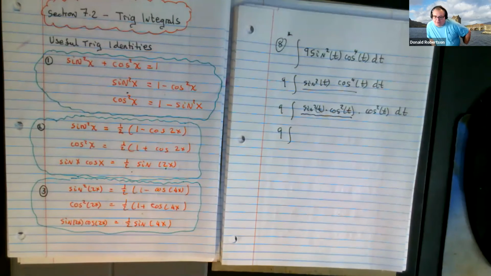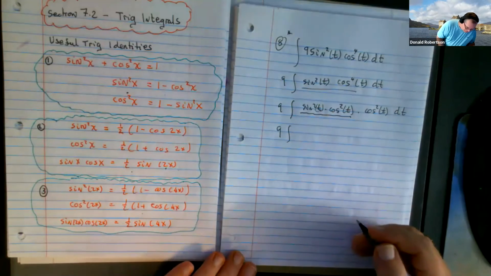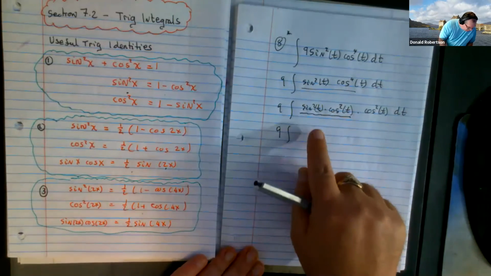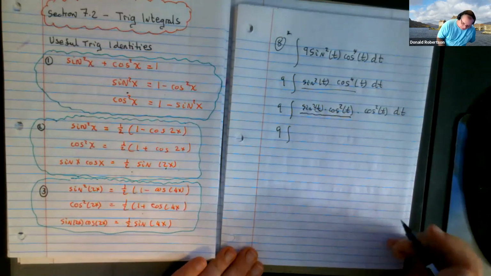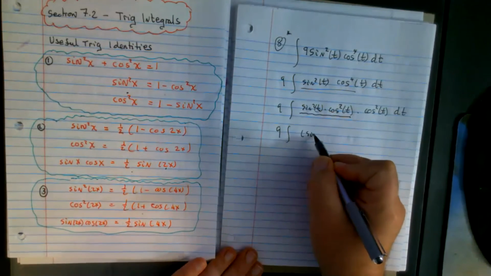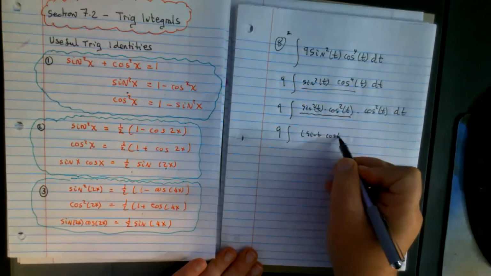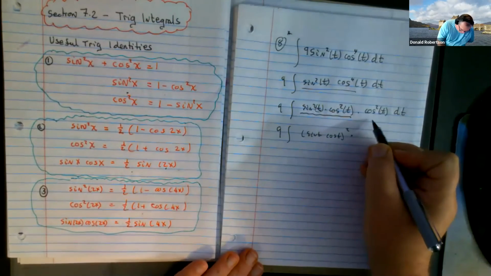Is there another way of writing sine squared and cos squared that might be of help? Didn't we see that guy not that long ago? You do sine times cosine squared. You would. Now, see the cos squared guy?